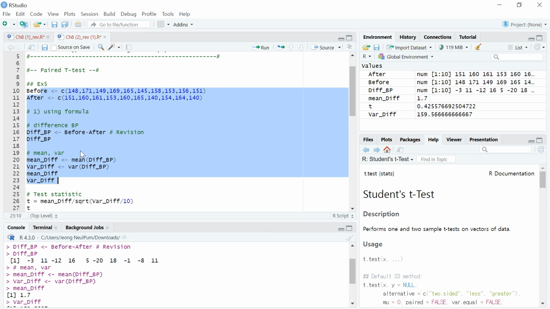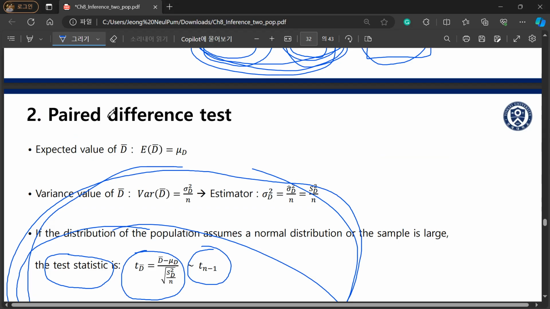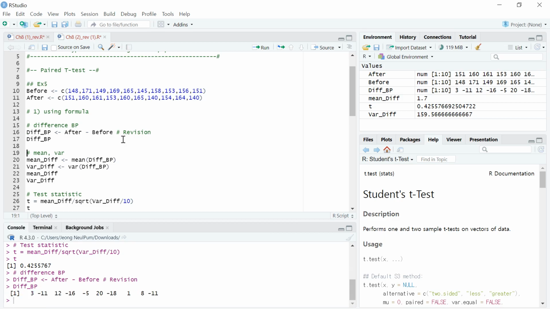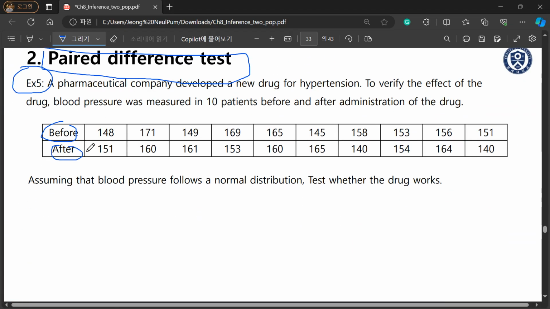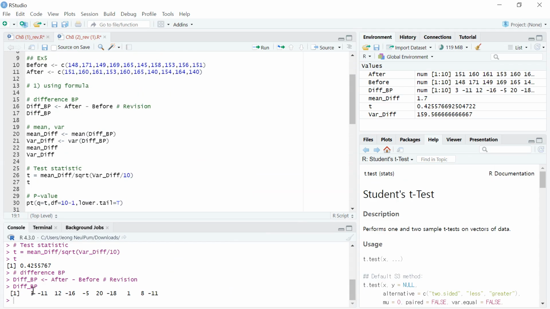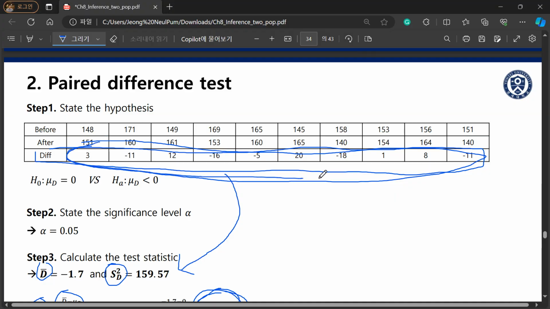So I think we don't have to multiply this one, and we have to get the difference like this one, so that we have the same difference data as here. So you can see that the data is the same as the material.